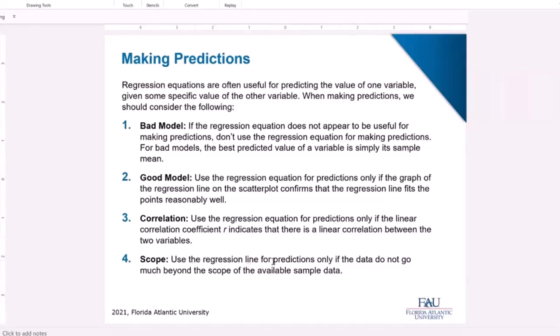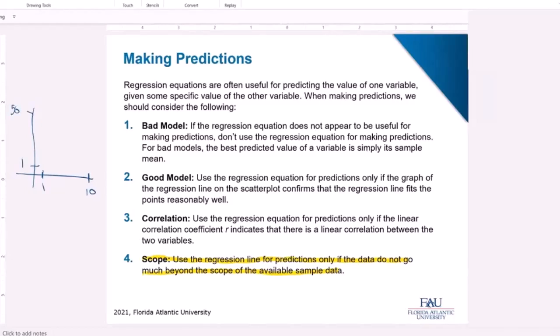Scope. Use the regression line for predictions only if the data do not go much beyond the scope of the available sample data. I'm going to highlight this. If I know on my graph that I have these points and they go from 1 to 10, and I have these points and they go from 1 to 50.